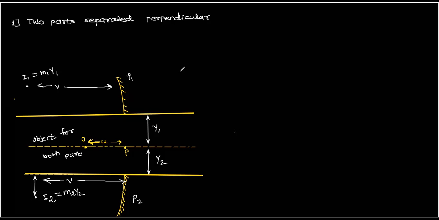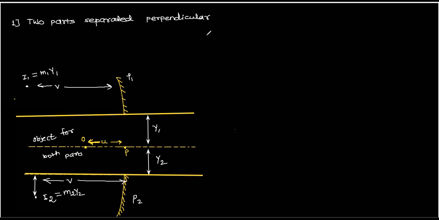Now, what happened in the diagram? You see, this is a pole, this was the previous object, and we just cut this mirror and placed these two parts as shown in the figure.